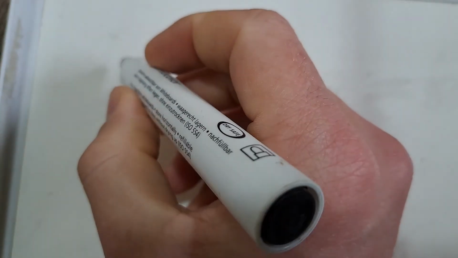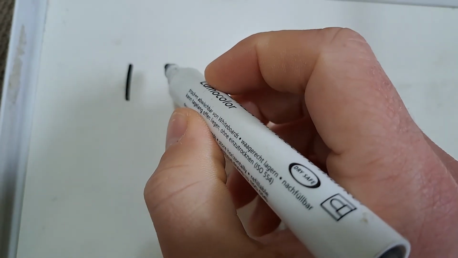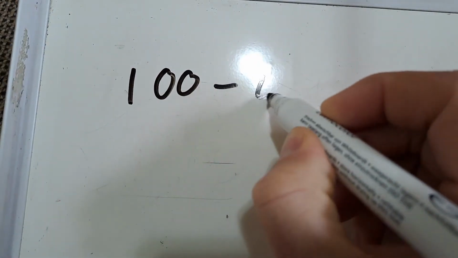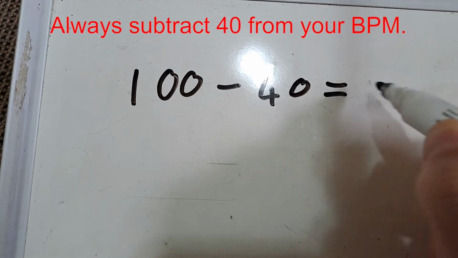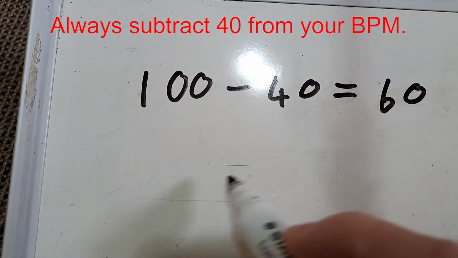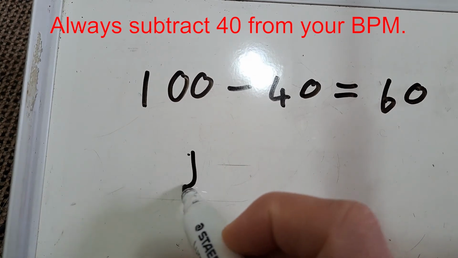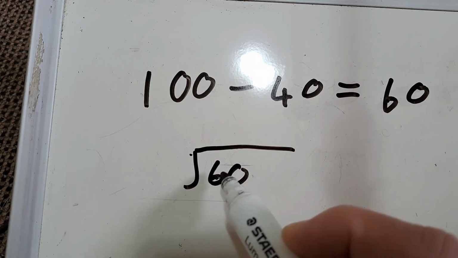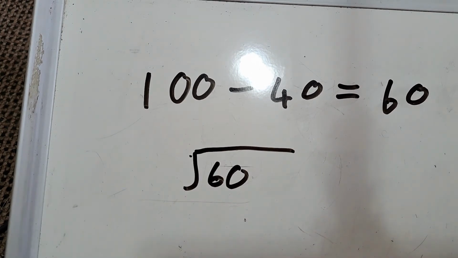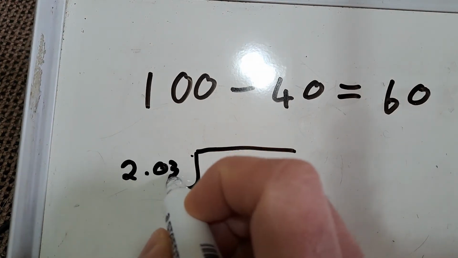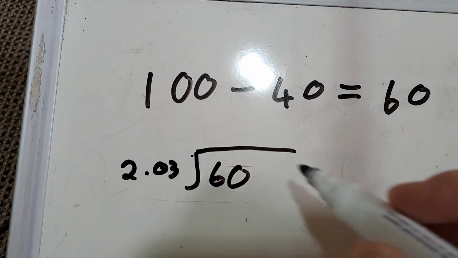We have to say 100 minus 40 equals 60. Then we have to divide 60 by, just double check that, I think it's 2.03. Yes, 2.03.